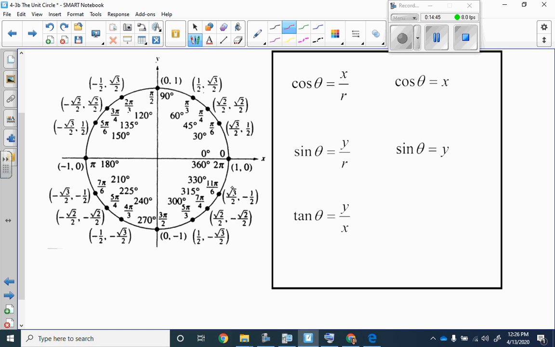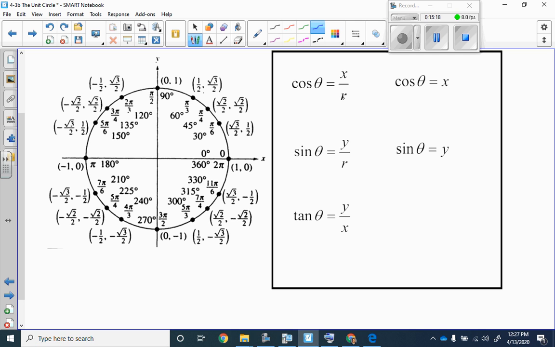So now we're going to use this unit circle to evaluate different trig expressions, using the concepts of sine, cosine, and tangent. A reminder that when we were placing coordinates on the unit circle, we found that cosine was always your x coordinate divided by the radius. Same thing with y: the sine of theta would be y over the radius, and tangent would be y over x.